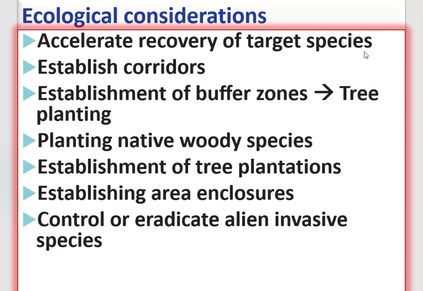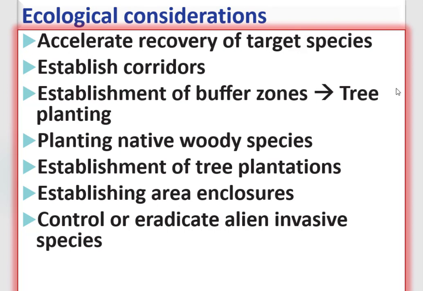When we see ecological considerations, one, accelerate recovery by enrichment planting of target species in degraded remnant forests. Second, establish corridors to enhance biodiversity and eventually the viability of fragmented forests, particularly in the central and northern highlands of Ethiopia.